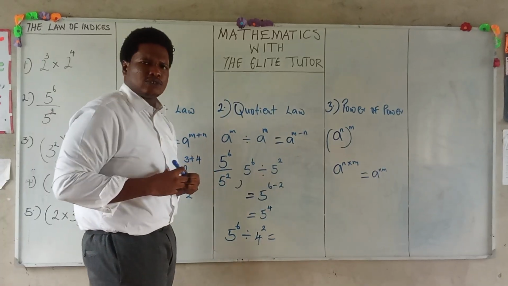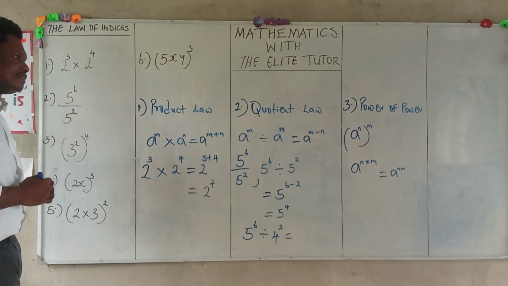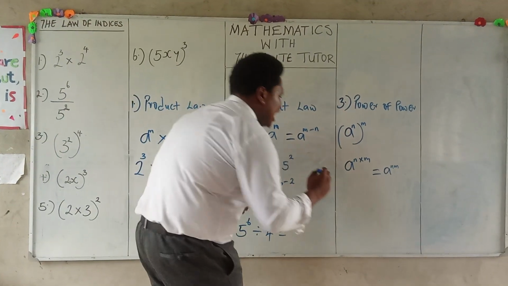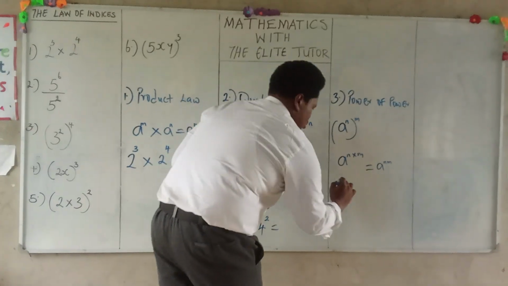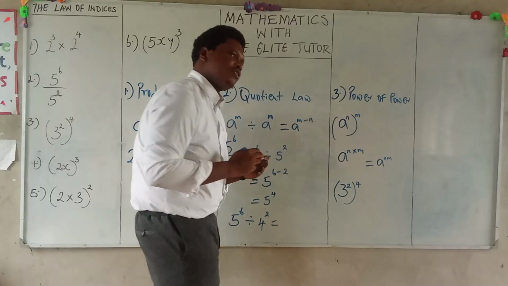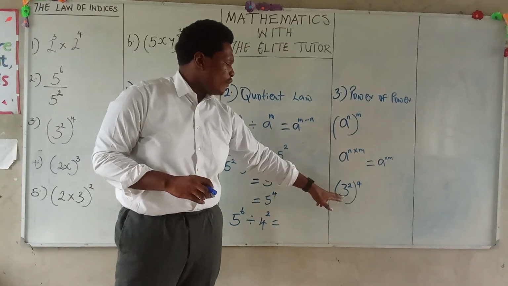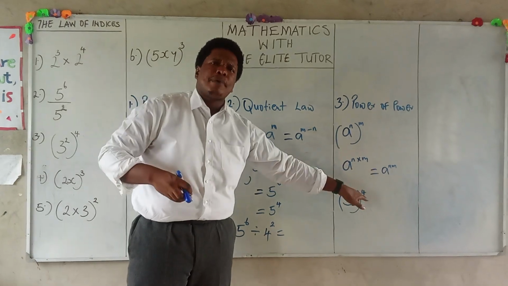Now, let's look at an actual example to back up that law. Let's look at example 3. Example 3, we have 3 raised to power 2, bracket raised to power 4. We see that this 3 already has a power 2, which is still raised to another power.